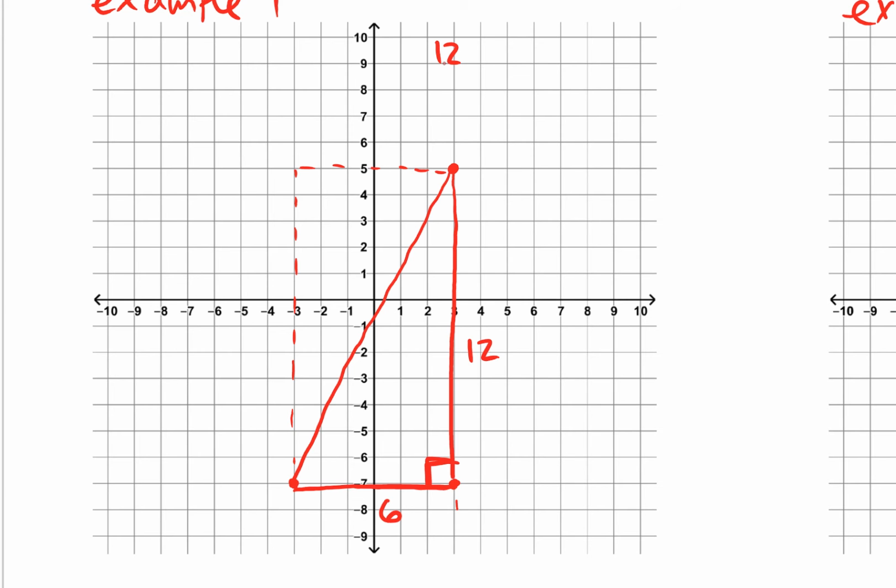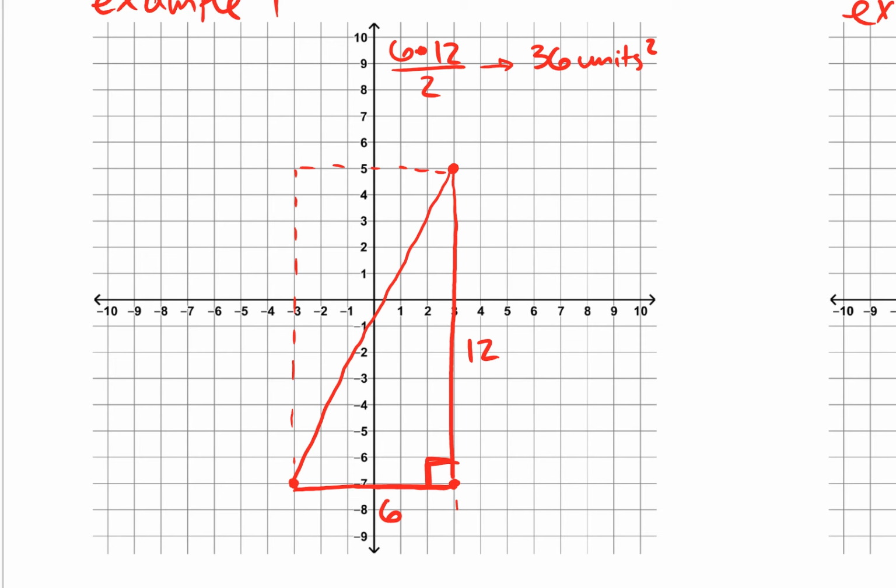So I can just say 1/2 of 6 times 12. Let's take half of that. And if I want to simplify that, I could divide either one of these. These are not terms, they're factors. So I can create a giant one and divide 6 by 2 and get 3. And then 3 times 12 would be 36 is the area. And these are 36 units squared.